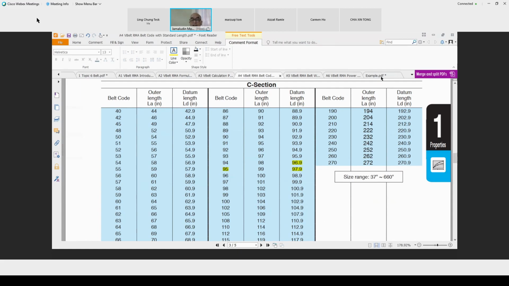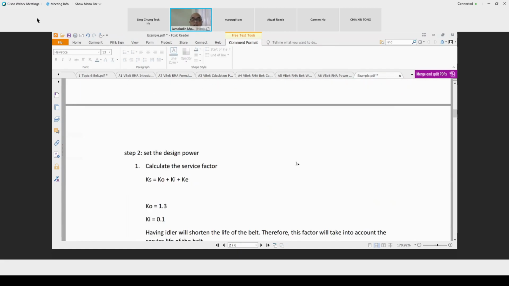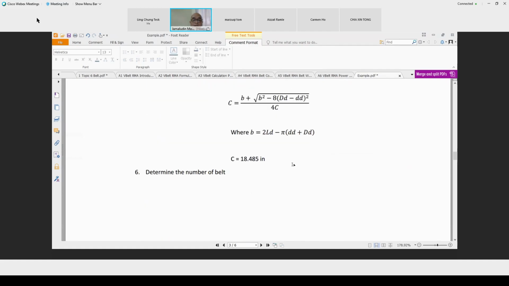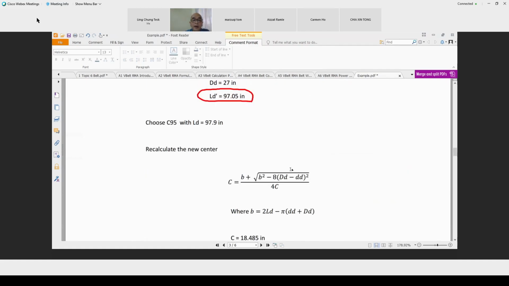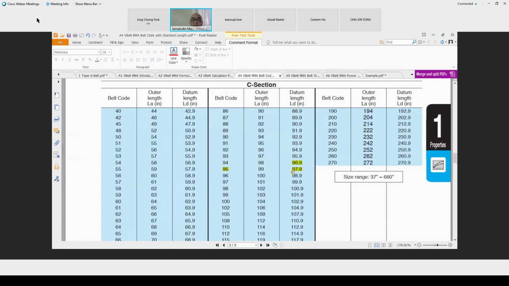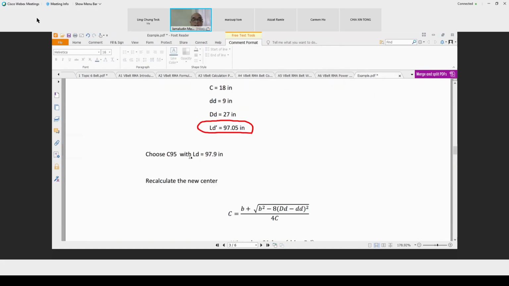That means in this section we're going to use C95. That will be the belt we use, based on A4. The 97 is going to be the length. We choose 97.9. That means the belt code will be C95. Okay, sorry, C96.